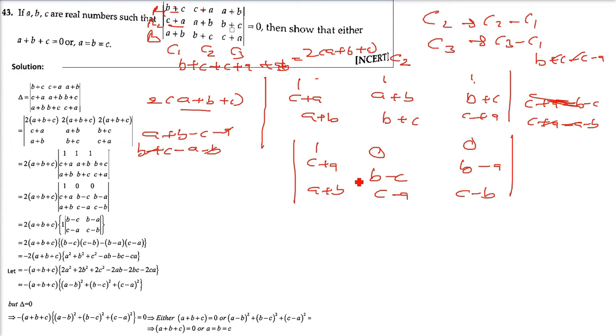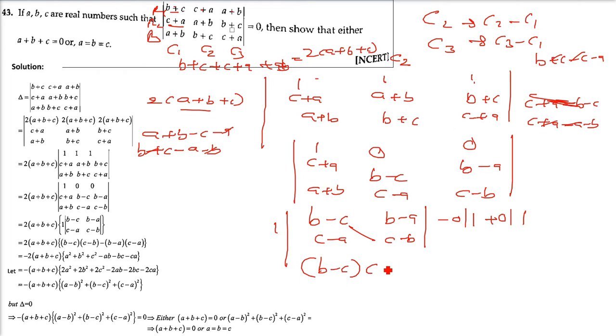Now let us open using the first row. So first row, 1 into b minus c, b minus a, c minus a, and c minus b. Rest will be 0, 0, so I am not taking it. Now b minus c into c minus b, minus c minus a into b minus a, this will come.